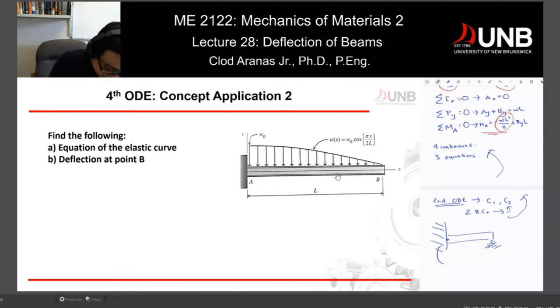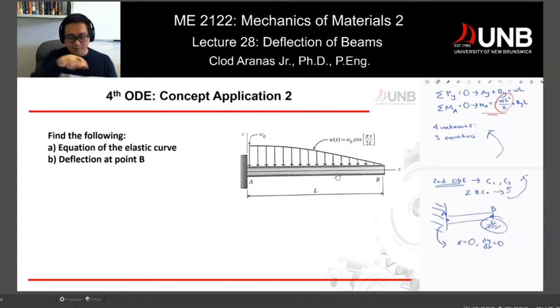Now, what would be the boundary condition for the second order ODE for this type of beam, assuming that we don't have this support reaction at the end? It's a cantilever beam, and we know that at A, so at x equal to 0, the slope of your beam, dy/dx, is equal to 0. Because it's fixed, the slope of your beam is 0 at point A. Now, what's the other boundary condition?